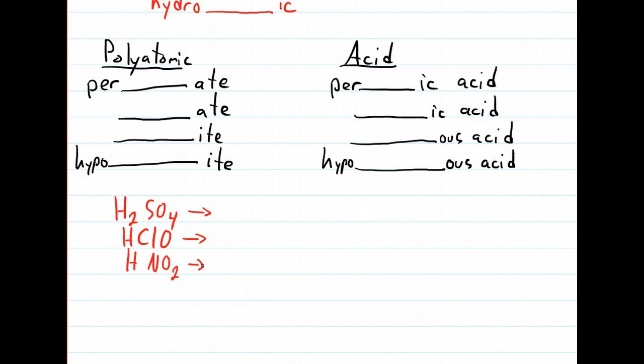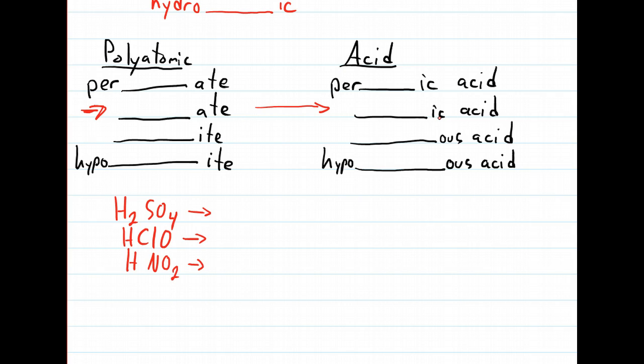Okay, so let's look at a couple of examples. If we have H2SO4, what is our polyatomic? Sulfate. So if we look at our list, that falls in right here, and all we do is replace the ate with ic.